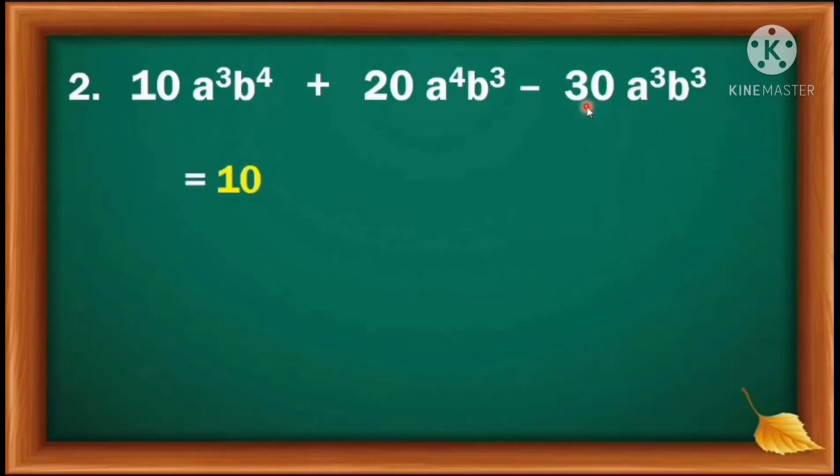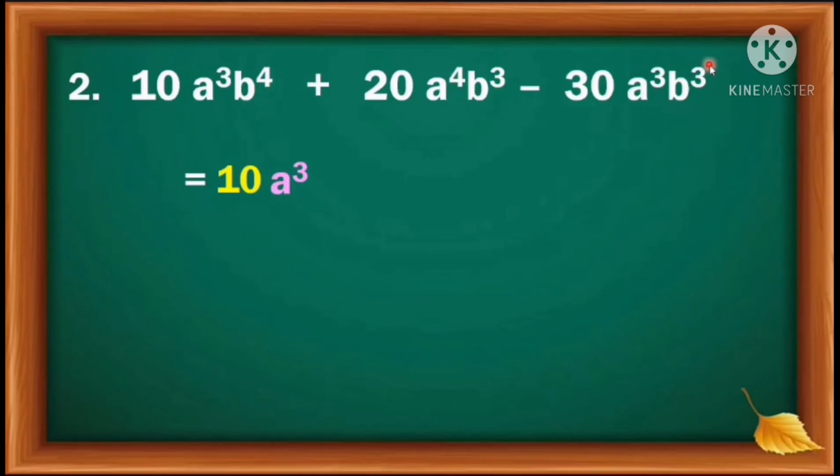Okay, let's proceed to the variables. We have a cubed, a raised to 4, a cubed. Alin sa tatlo ang may pinakamababang exponent? As we can see, ang may pinakamababang exponent ay a cubed. So therefore, that is the GCF of the variable a. How about b raised to 4, b cubed, and b cubed?